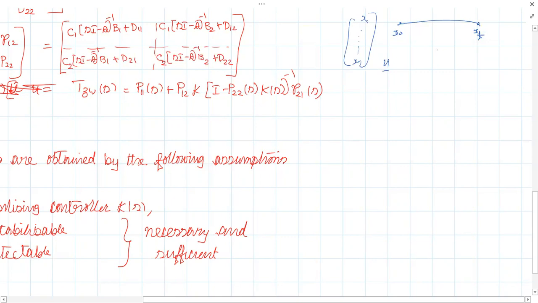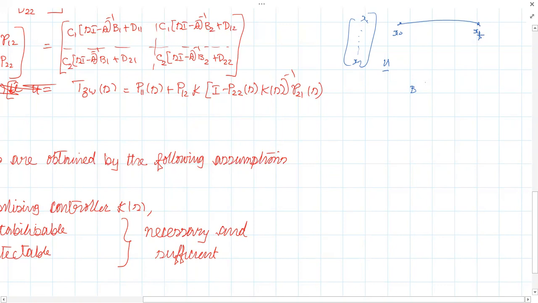What do you mean by observability? What is observability? You should have done it in your linear system theory. The condition to check that involves B, AB, A squared B, and so on.